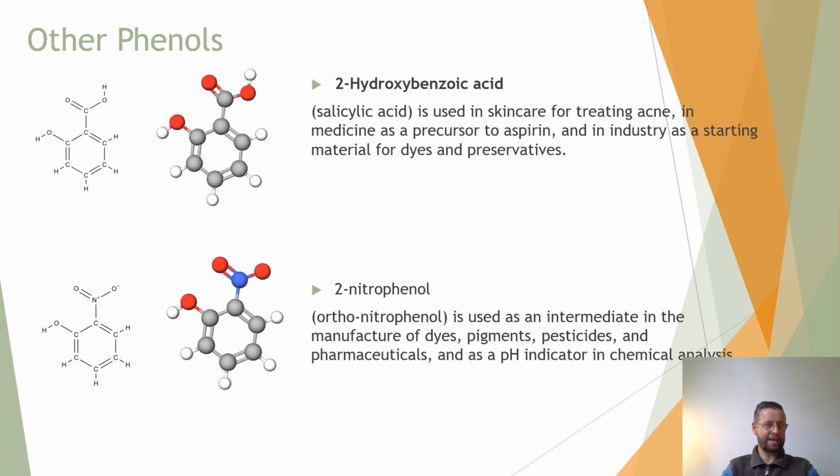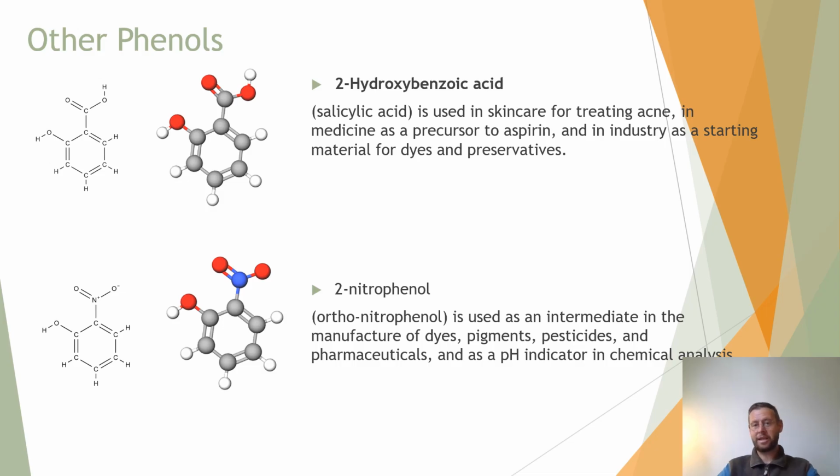So what do we get if we attach other things to the ring? Well, what about a carboxyl group? If we attach the COOH, the carboxylic acid, we'd get something like this, 2-hydroxybenzoic acid, or salicylic acid is its original name. This is used in skincare products for treating things like acne.